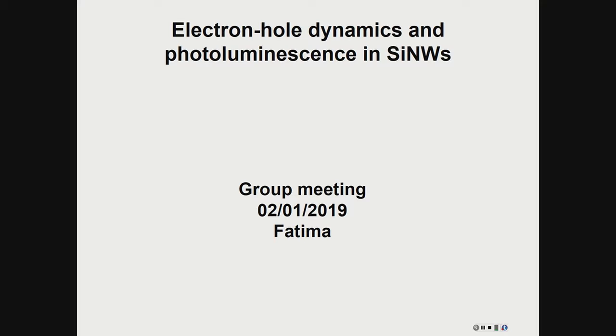So this is my old project. So far I calculated the relaxation rate for electrons for 2 silicon nanowires grown in the 001 and 111 crystallographic directions. Now I calculated the relaxation rate for holes and photoluminescence for the same models.